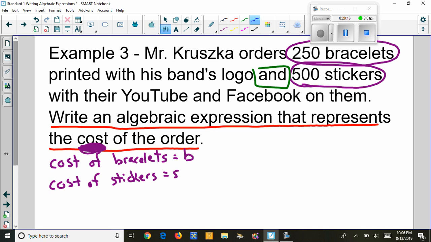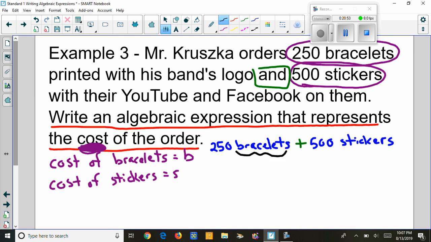We are making our expression out of the following information. 250 bracelets, so however much that costs. The "and" tells me we are adding that to the 500 stickers. Since I do not know how much each of the bracelets cost, I'm actually going to take that information here.